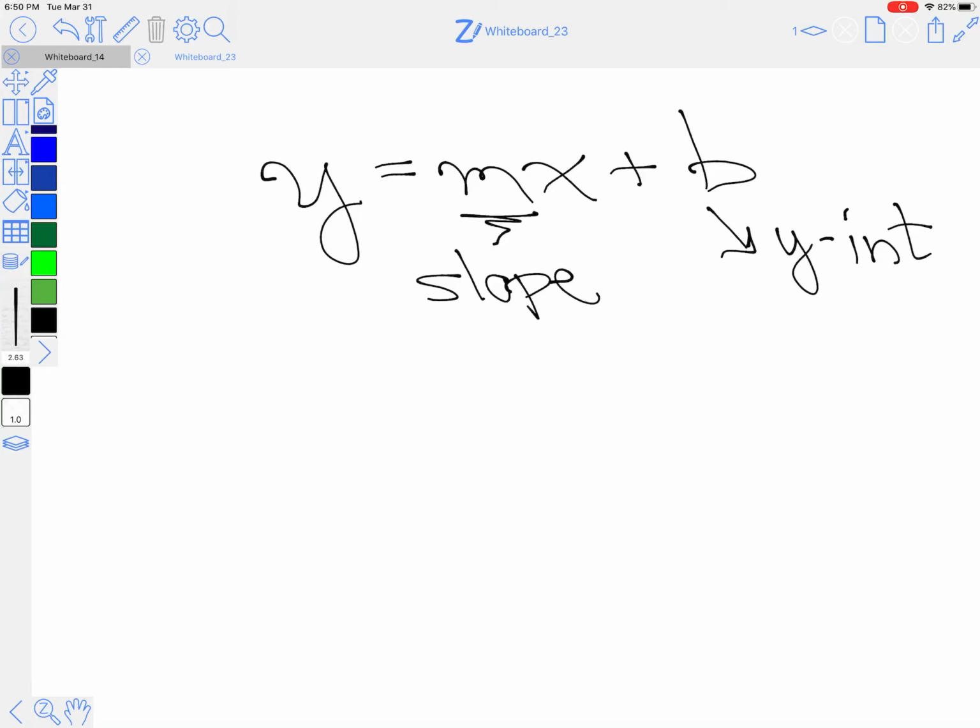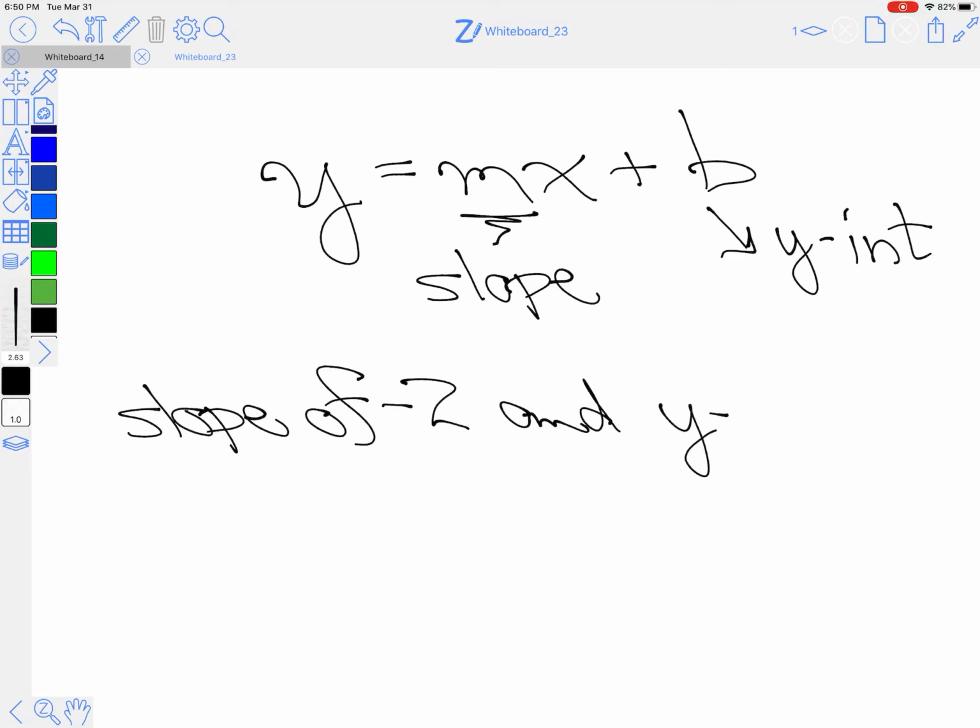So if I gave you some information, like you have a line that has a slope of -2 and y-intercept of 4, well, we're just looking for these two things to fill in. Everything else stays the same.